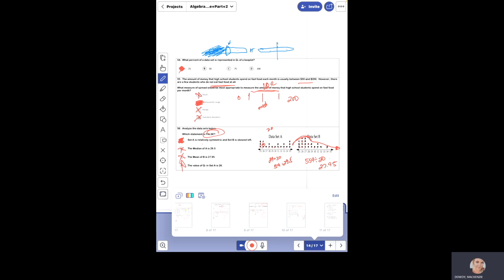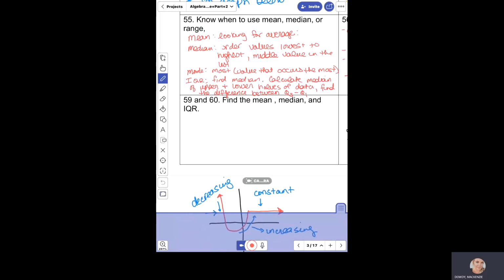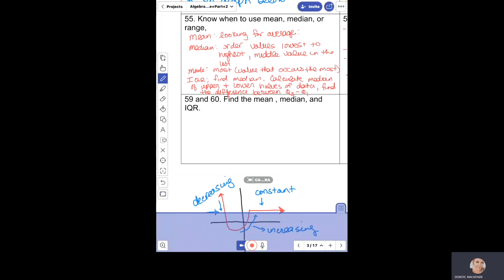See if we can get through 59 and 60 before this bell rings. Find the mean, median, and IQR. So this is asking how do we find it?